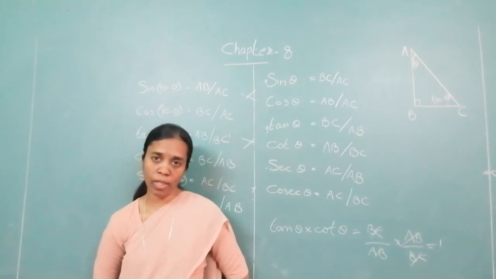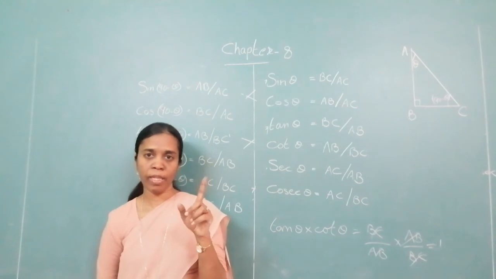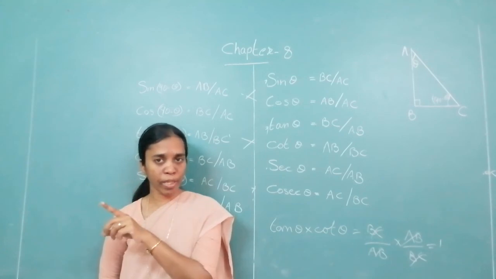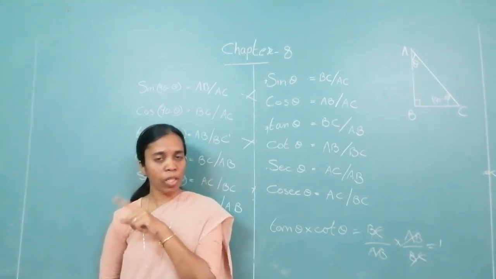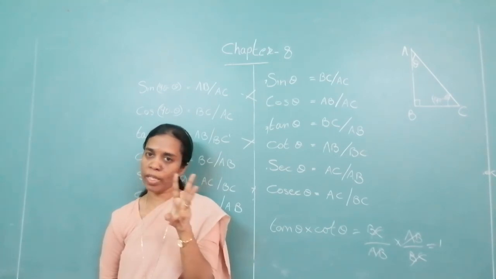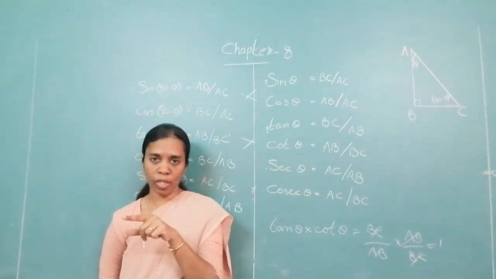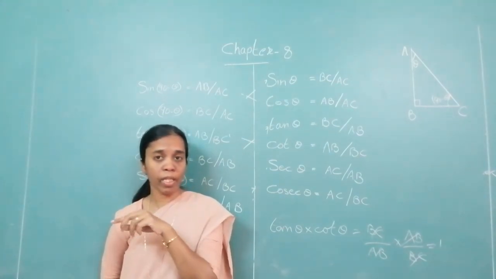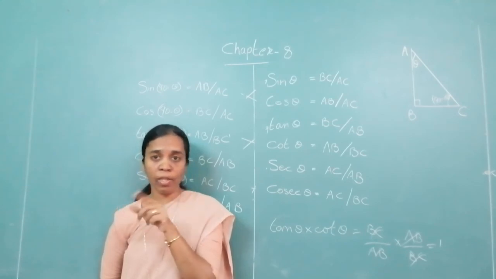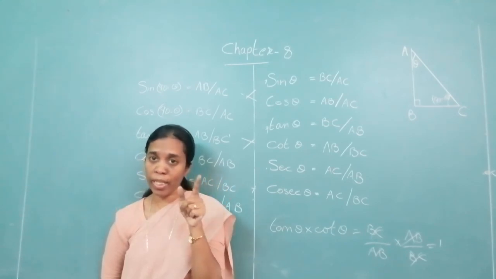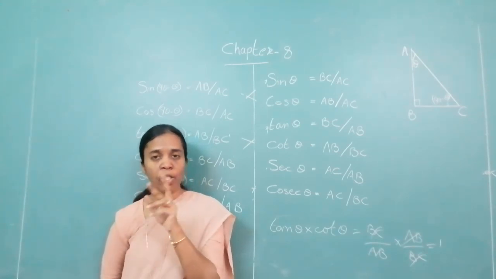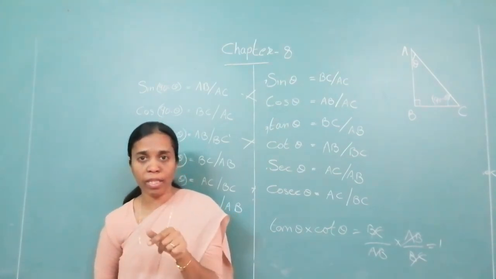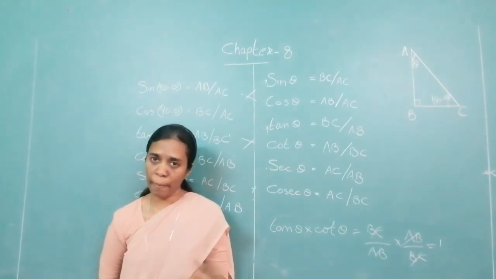Tan into cot equals 1. So these three are equal to 1: tan theta into tan 90 minus theta, cot theta into cot 90 minus theta, tan theta into cot theta. This much of the formulas you have to learn by heart.